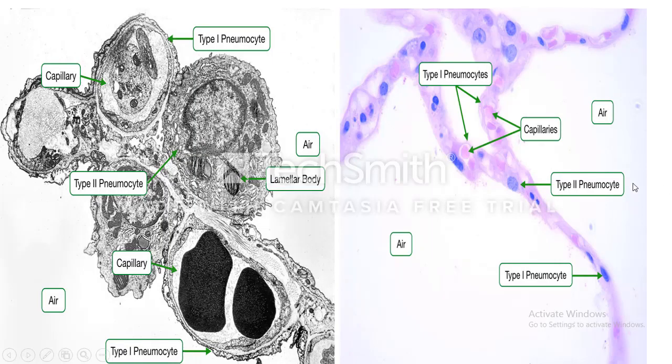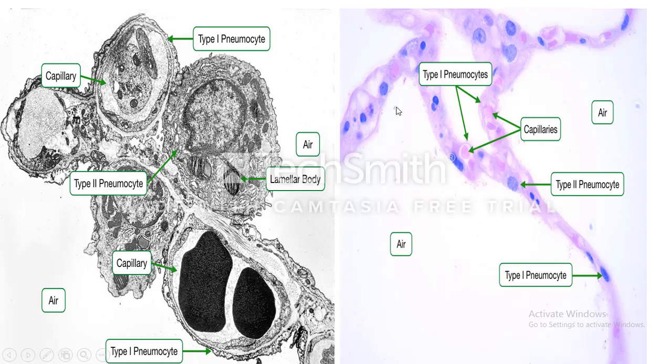This is alveoli. This alveolar septum or wall consists of pneumocyte 2. This is the pneumocyte 2. Why? This is pneumocyte 2 because the nucleus is circular.